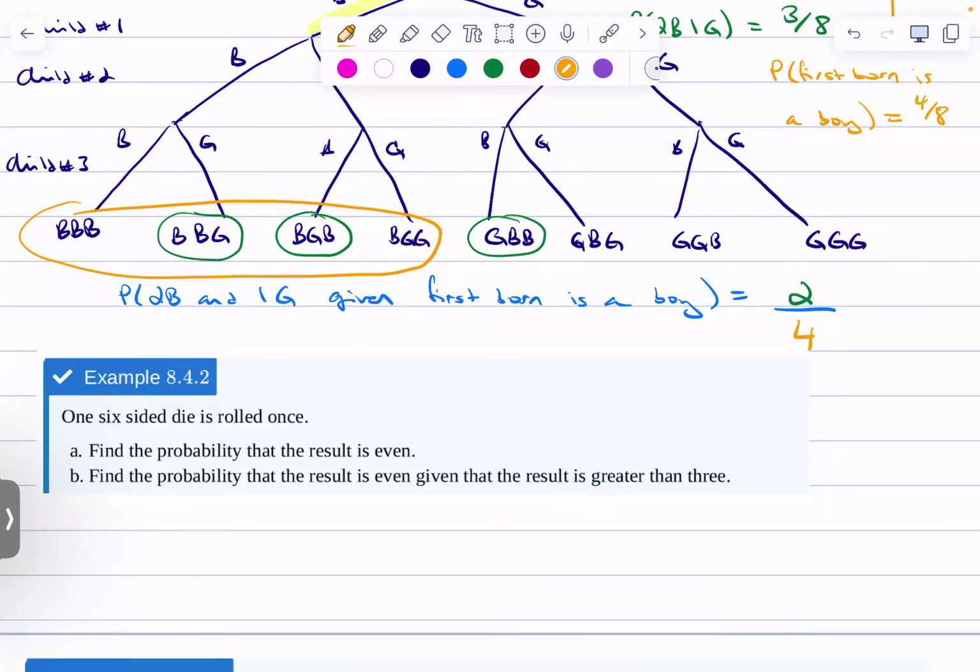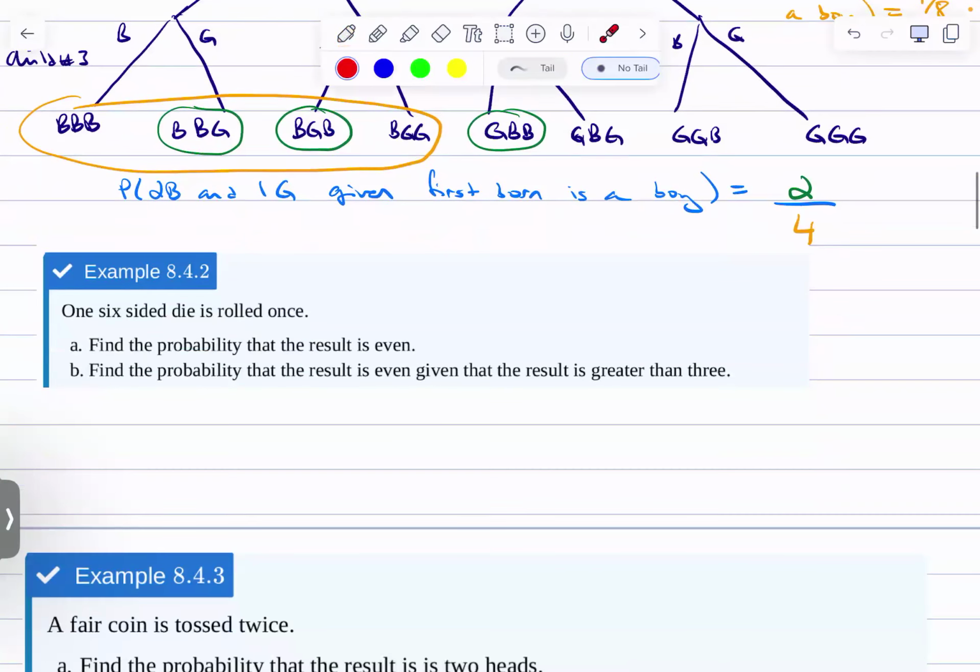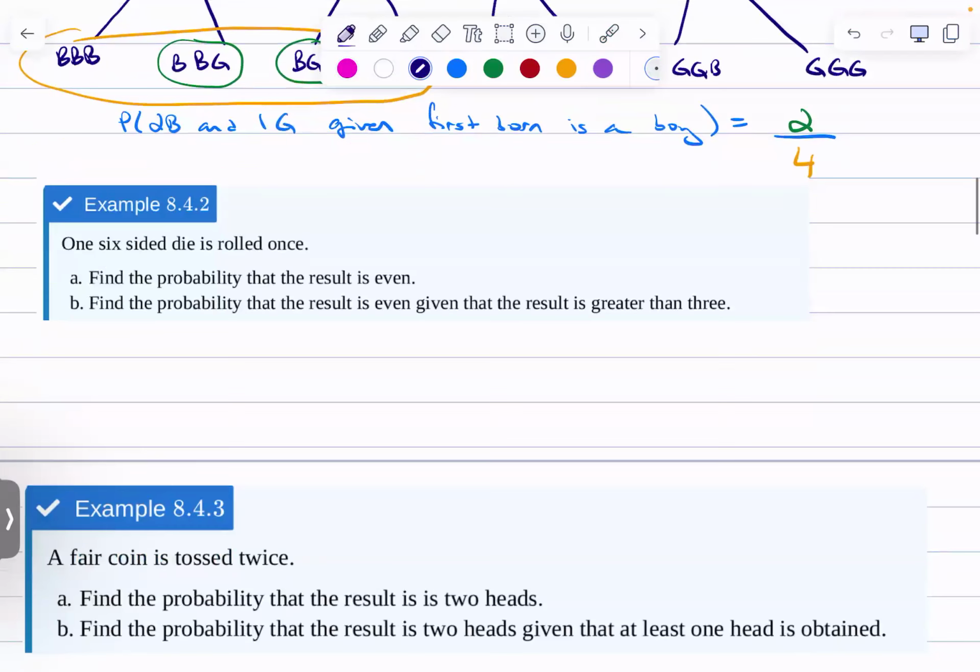All right. 1 6-sided die is rolled once. Find the probability that the result is even. A good place to start in general is to list the sample space, right? And so the sample space here would be 1, 2, 3, 4, 5, 6.